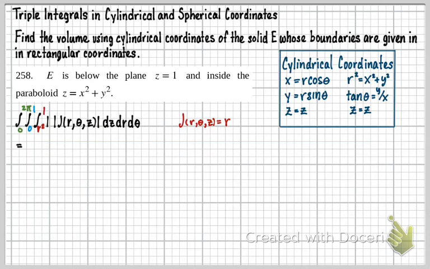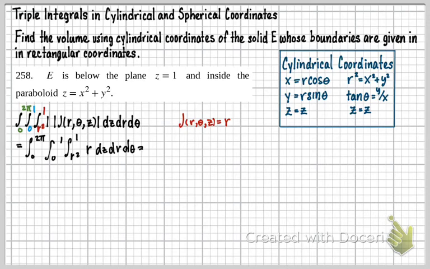So let's get started. So this is still the triple integral from 0 to 2 pi, still from 0 to 1. And now in place of this Jacobian here, we can put our r. So it's going to be r squared to 1, and then we're going to have r dz dr d theta.